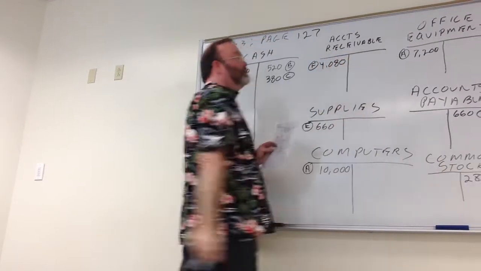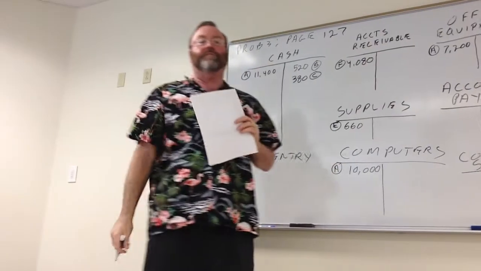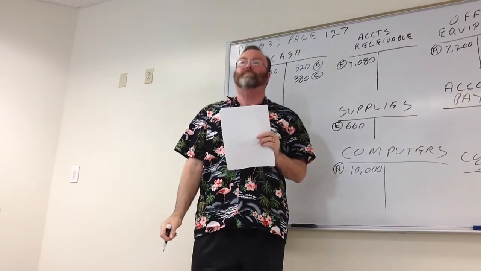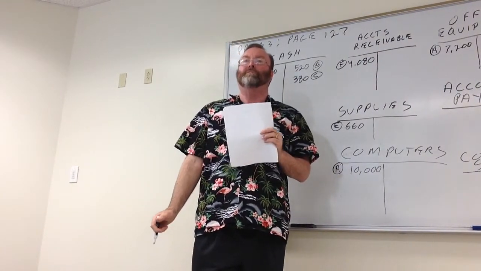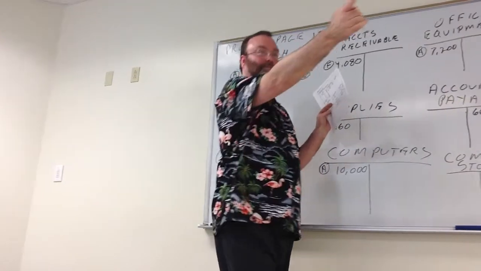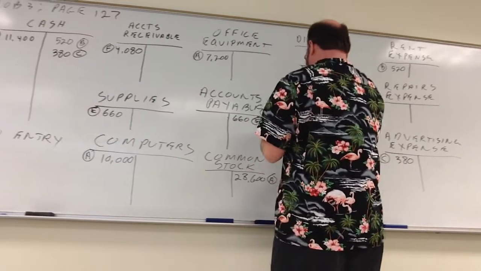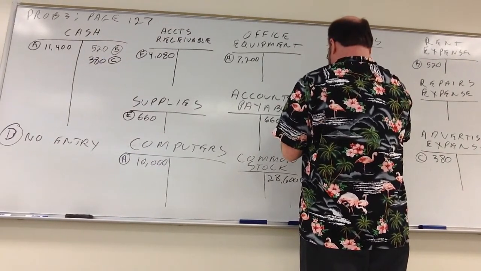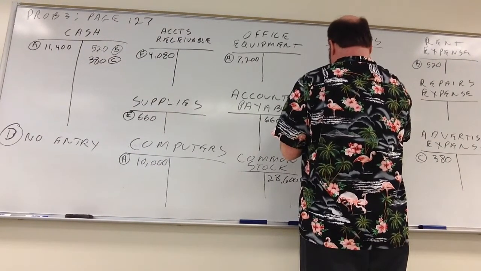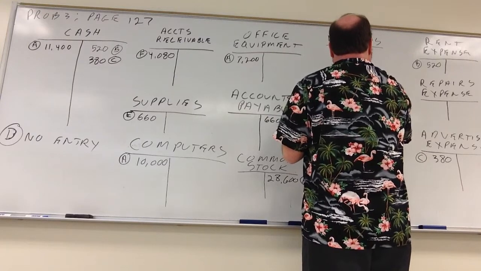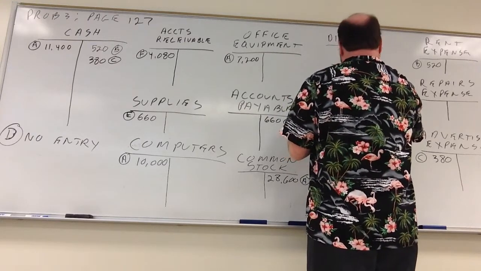So that's the debit. What's the credit? Say it louder. Tuition revenue. 4,080.